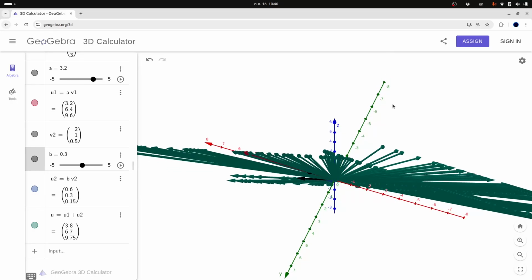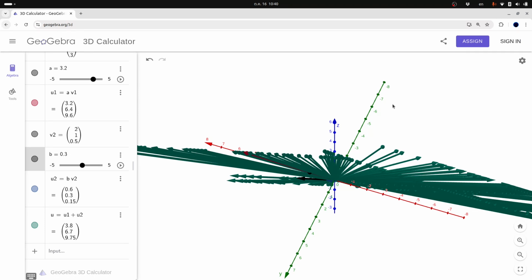Can you combine these two vectors to get out of this plane? No, right? If you want to get out of this plane, you need some vector outside this plane. So if I have 5 vectors and all of them are on this plane, their linear combination will always be in this plane.